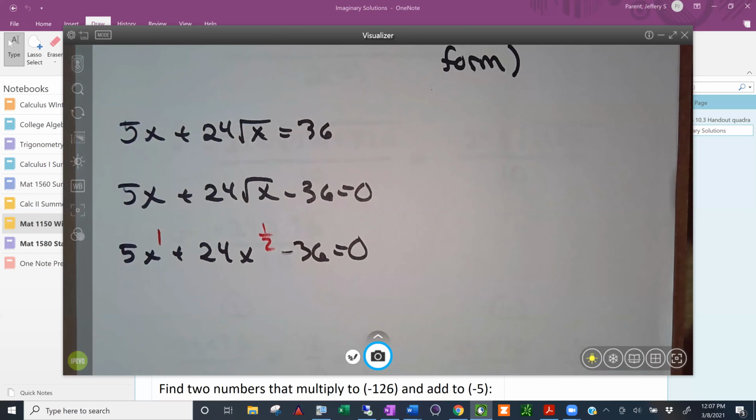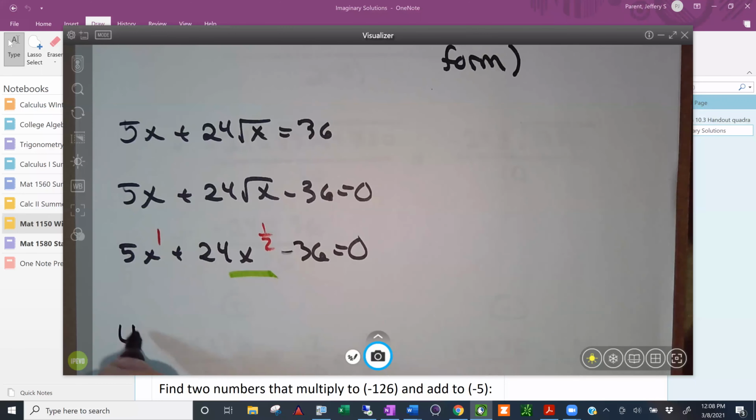Now, when that's the case, I suggested that we solve this with a little bit of a trick, a substitution. What was that substitution for a problem like this? Anyone remember? Substitute u and u squared. Excellent.